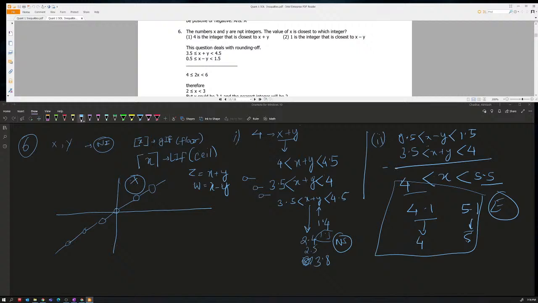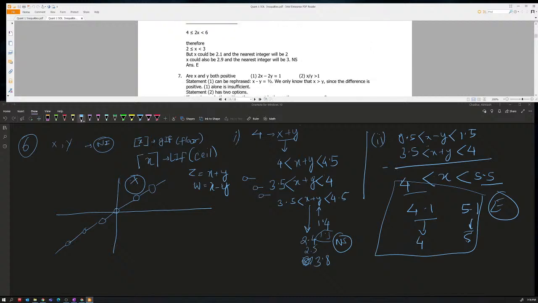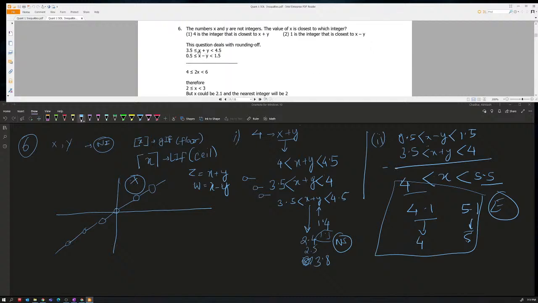The numbers x and y are not integers. The value of x is closest to which integer? The question is definitely about rounding off. And let's do the same as we did for question 6. Why is this different? Oh, right, this is 2. Still, that doesn't matter if we divide by 2.